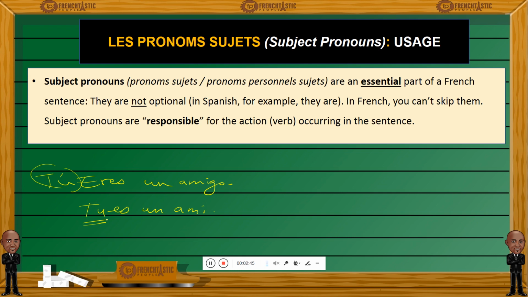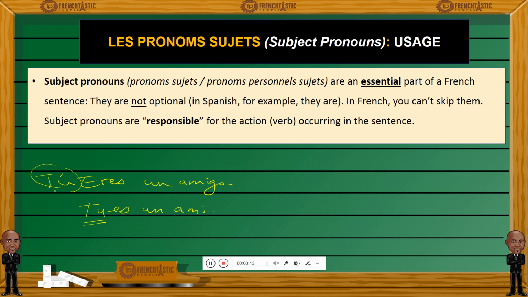It's not optional. Now, second characteristic, subject pronouns in French, and in almost all languages that I know of, are responsible for the action of the verb. By that I mean the subject pronoun will be the thing or the person doing the action implied by the verb.